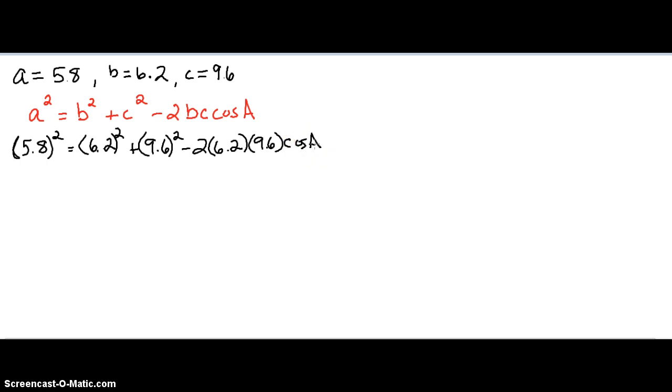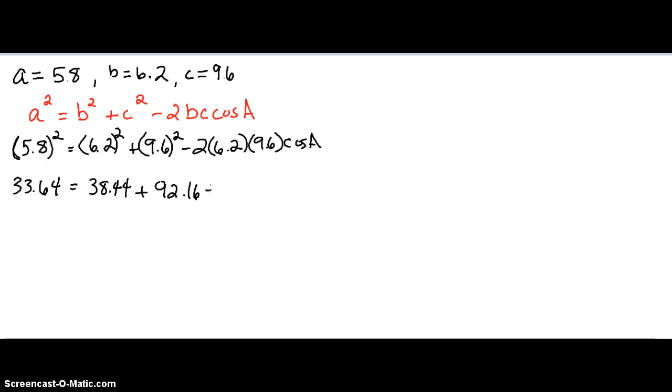So if we go through and clean up some of these numbers, 5.8 squared is going to give us 33.64. 6.2 squared is 38.44 if we punch it out on the calculator. 9.6 squared is going to give us 92.16.